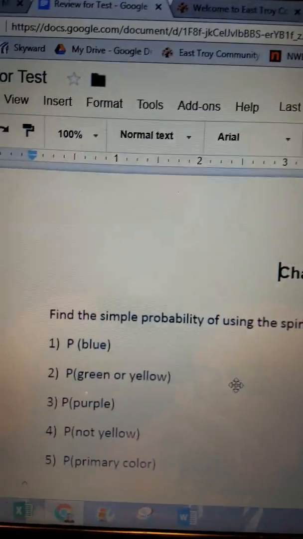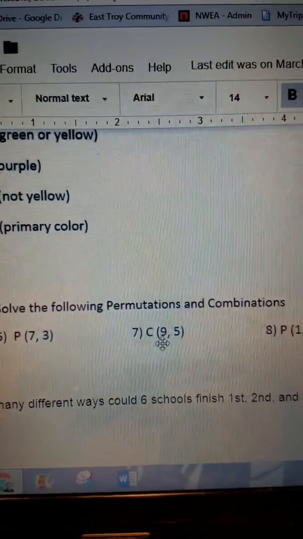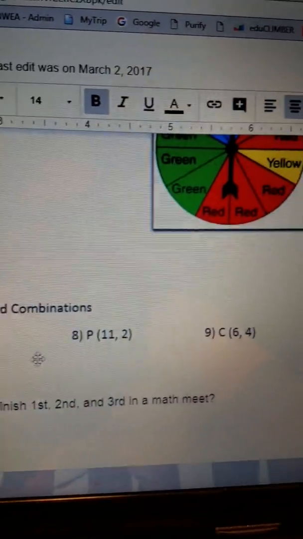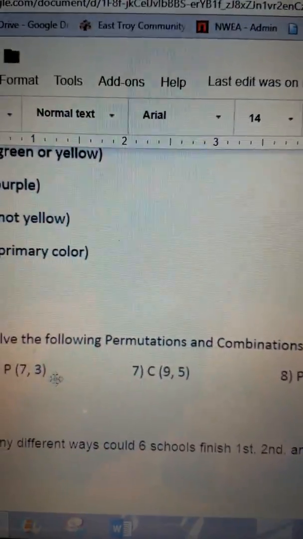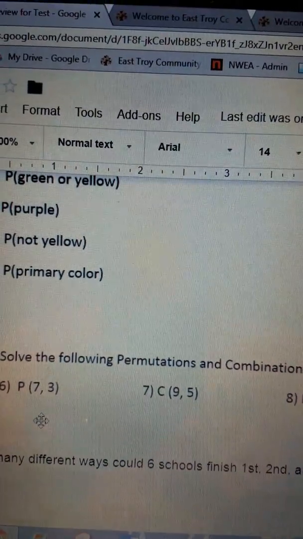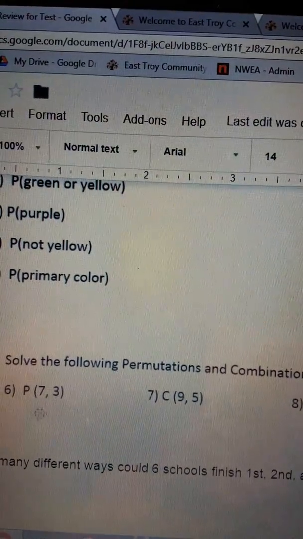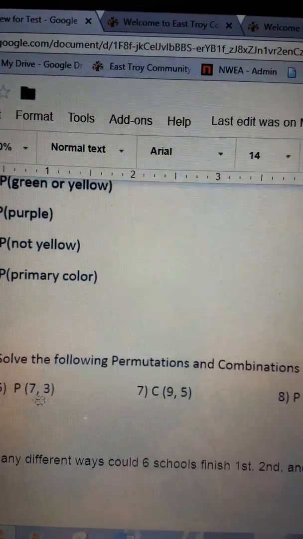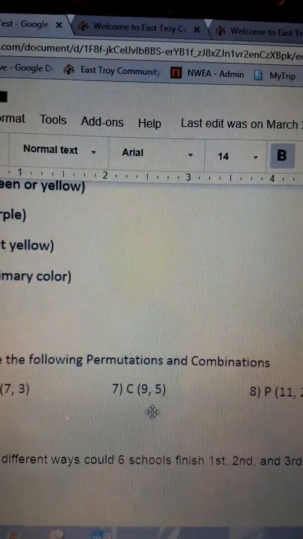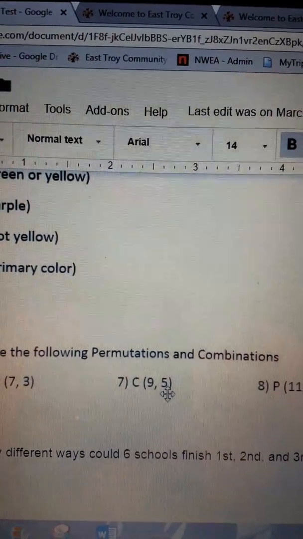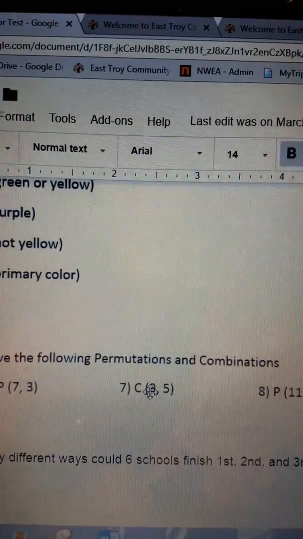When you're done with those first 5, then the next ones deal with permutations and combinations. Now remember, permutations are the easier ones that just have the top part. How many numbers do I need? Starting with what number? The combinations are a little more complicated, because how many numbers do I need? Starting with what number?